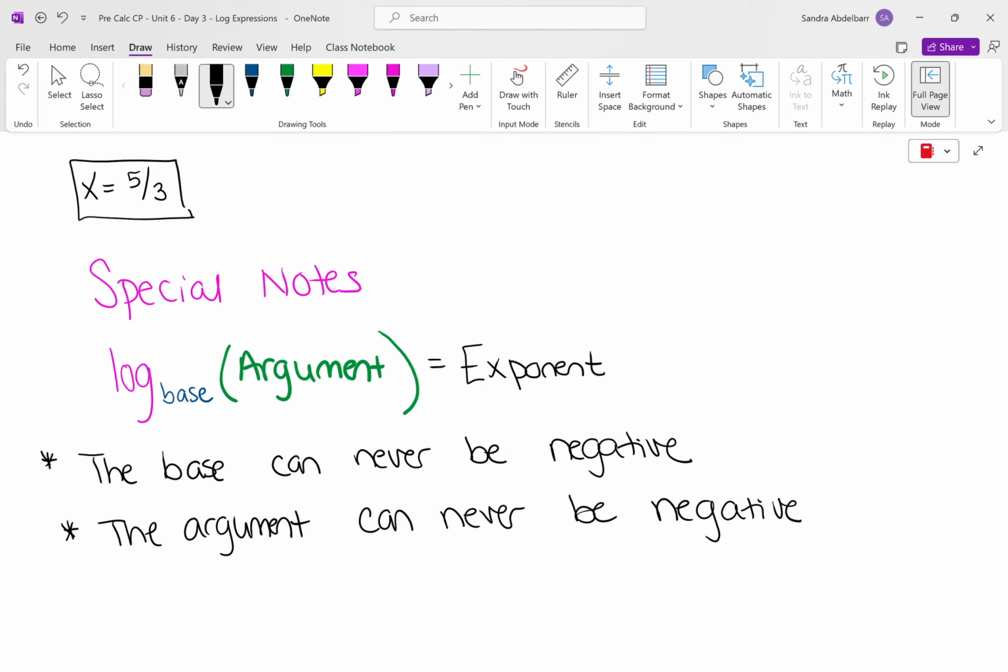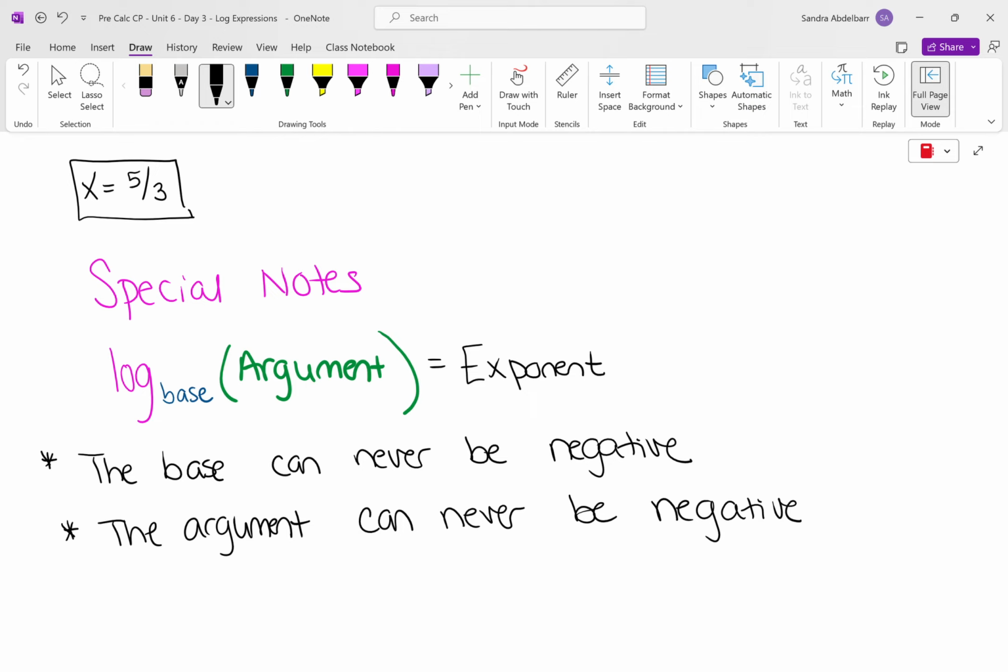So the base cannot be negative and the argument cannot be negative. The reason is that if I have a base that's negative and I raise it to a fractional exponent, won't that mean, let's say it's like the square root, wouldn't that be imaginary? So we're only dealing with real numbers here for that reason. And if the base can never be negative, then your argument can never be negative, because that's the answer. It could be fractions, it just can't be negative.